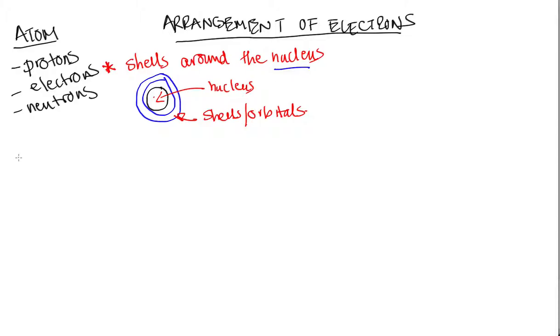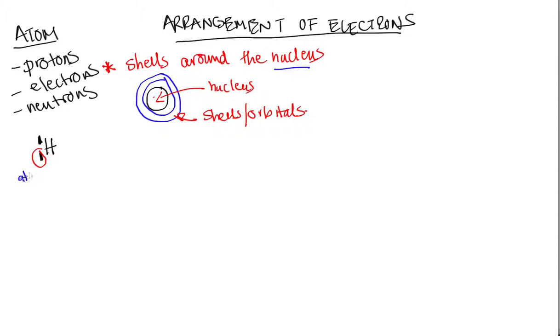Okay, so what I'd like to look at is the arrangement of electrons in different atoms. So the simplest atom is hydrogen, and hydrogen has a mass number of 1 and an atomic number of 1, and it is the atomic number which we're interested in.